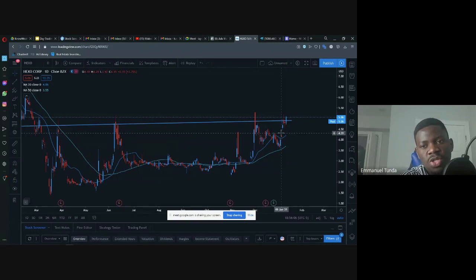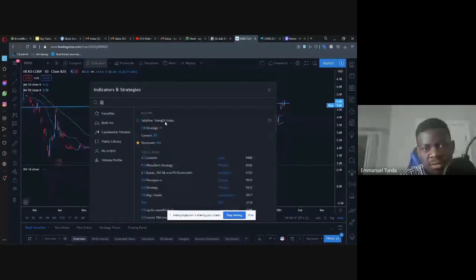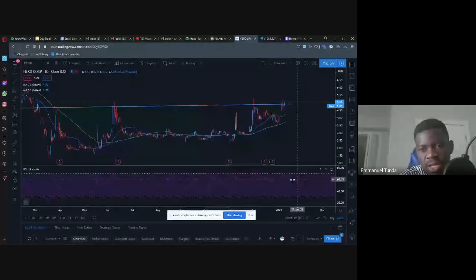So I'm just going to try to confirm if this is going to be a breakout. I'm going to add another indicator here, RSI, which is the relative strength indicator. This also tells you a little bit about the move of the market.